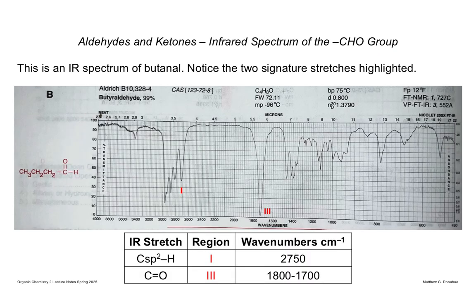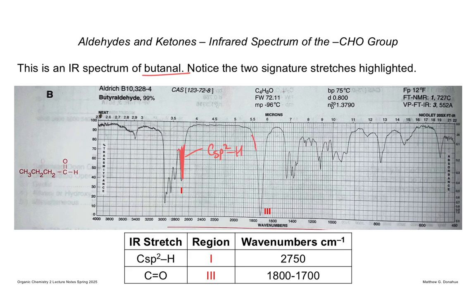So here is the 4-carbon aldehyde, butanal. As I shade in red here, that signal is the C(sp2)-H. So that's the one that sticks out from everything else.